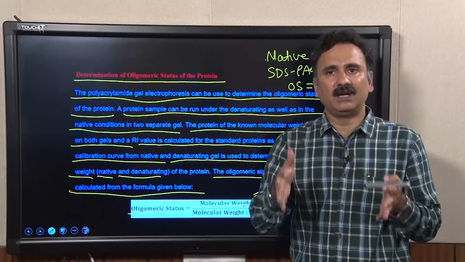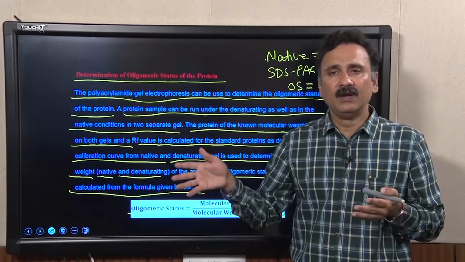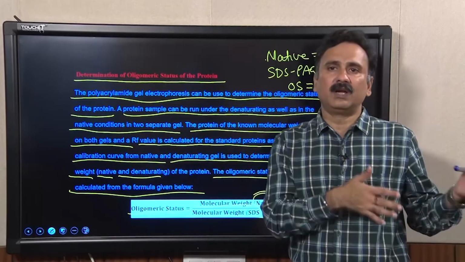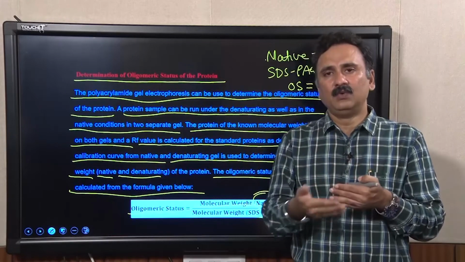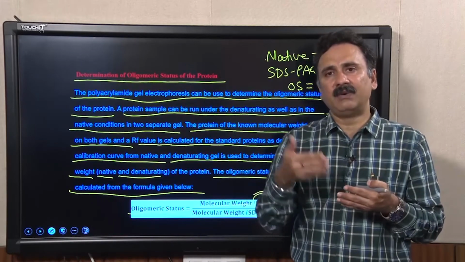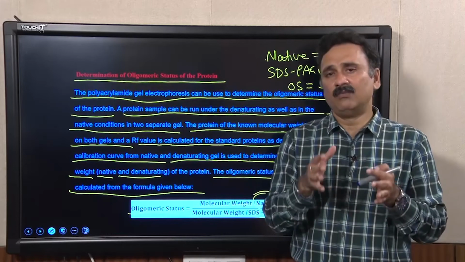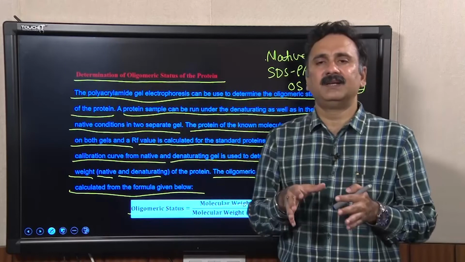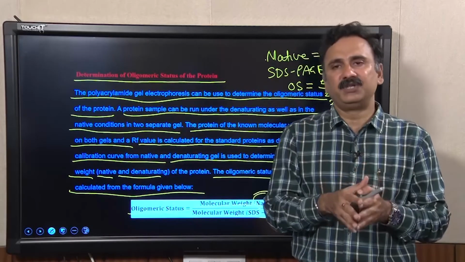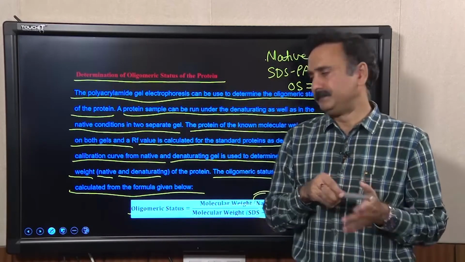For example, if you get 1.75, you can make it 2; if you get 1.2, then you make it 1. That is the general understanding you have to adopt if you want to determine the oligomeric status in a more perfect way, because the oligomeric status cannot be a partial number, it has to be a whole number.